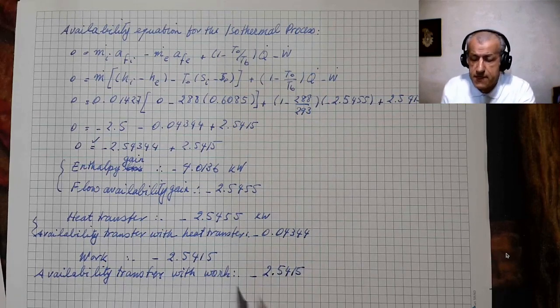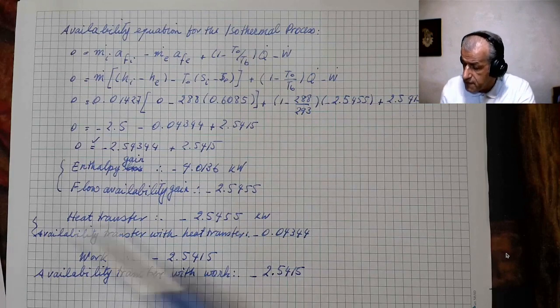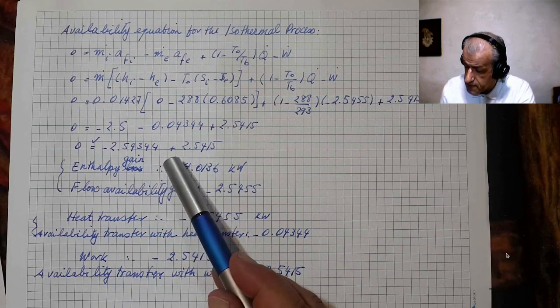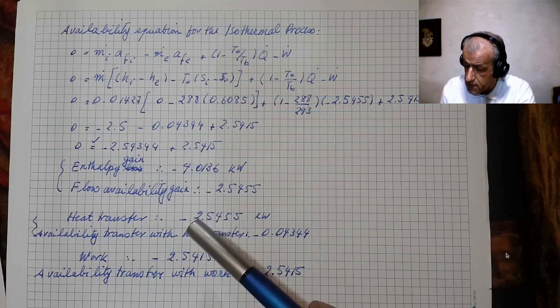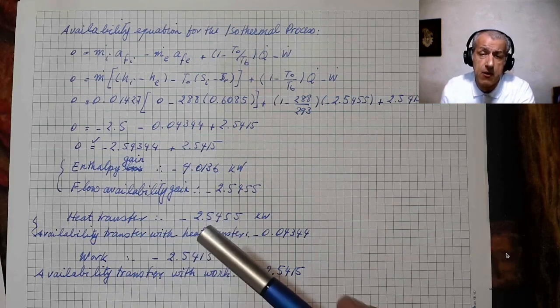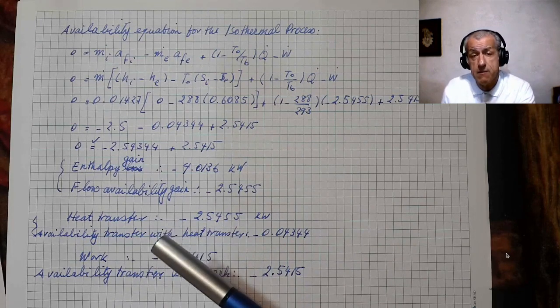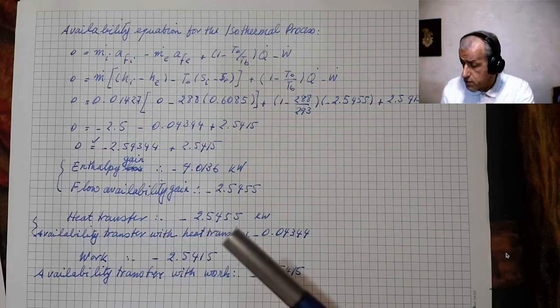And this is how the first law, these first terms decide how the first law, and the second terms decide how the first and second law together, and the availability equation hold.